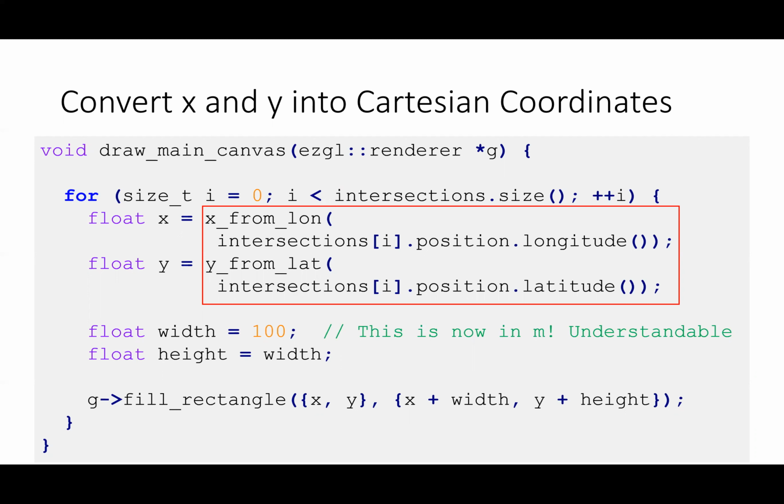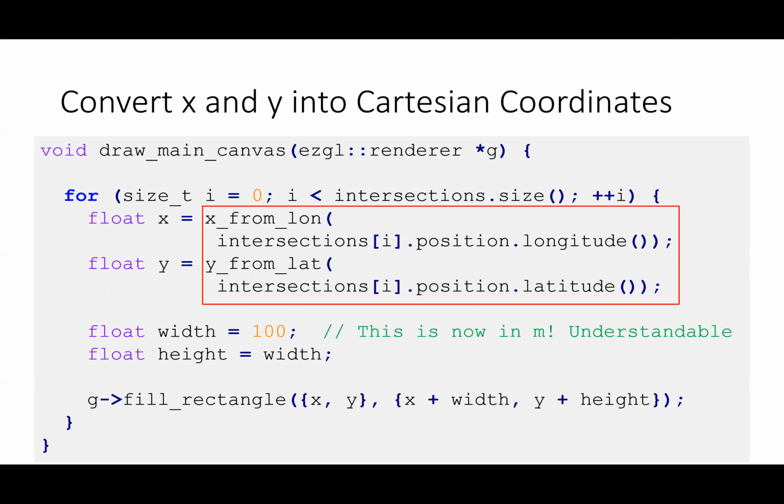You will sometimes be called with a redraw several times a second if people are dragging things around. So you'd rather not repeat this calculation for every single intersection several times a second. You'd rather put it inside of your load map or at the very start of your draw map.